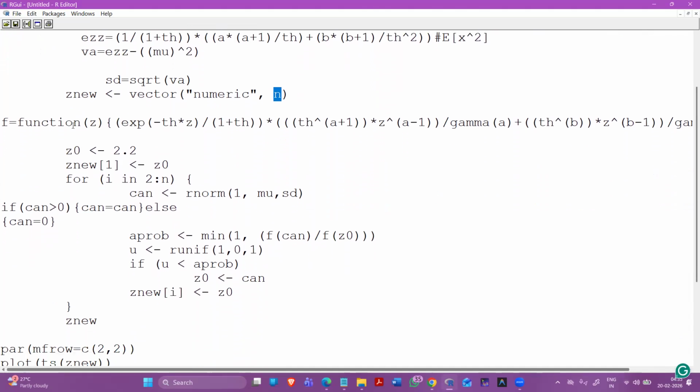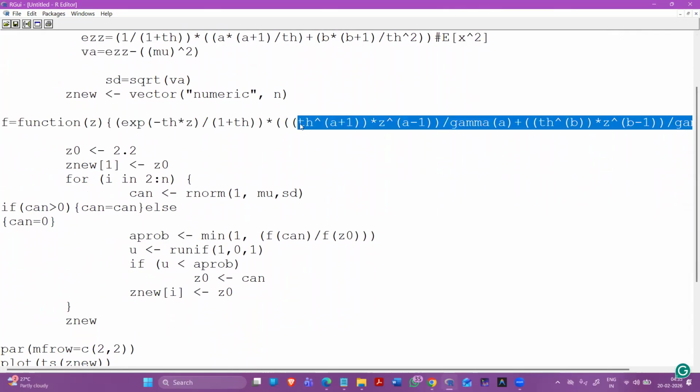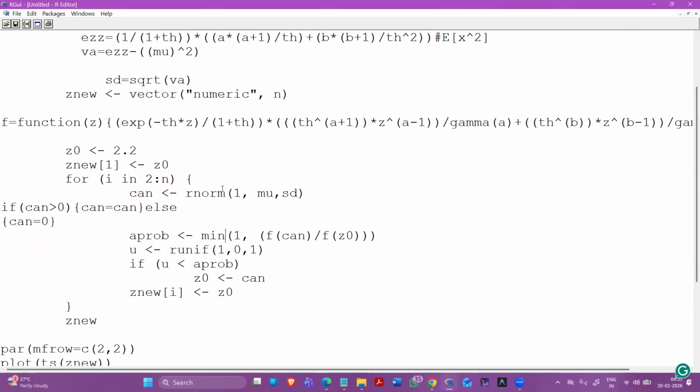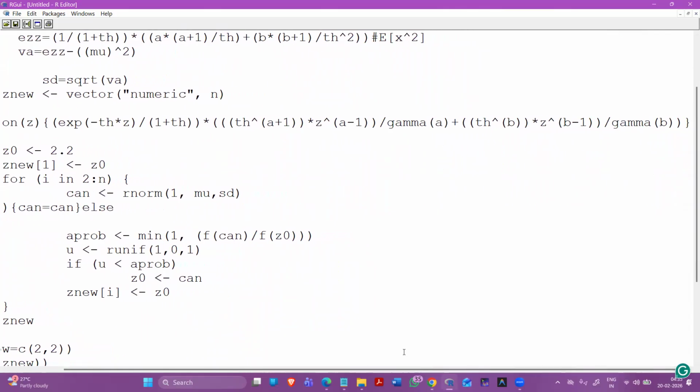After that, in f, this is my density function of the generalized Lindley distribution, that is e raised to the power minus theta z, where z is my random variable, divided by 1 upon theta raised to the power alpha plus 1 into z raised to the power alpha minus 1 divided by gamma alpha plus theta raised to the power b into z raised to the power b minus 1 gamma b. Right, this is my density function.